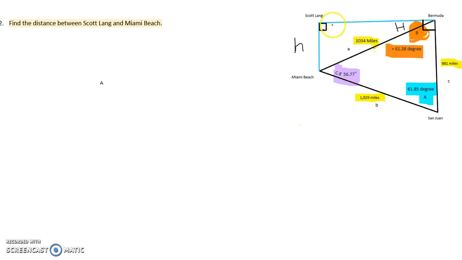So first we know that the angle of the Skyline is 90 degrees, and we know the opposite side of the Skyline angle, which is 1034 miles. But what we don't know is the angle H and this angle.